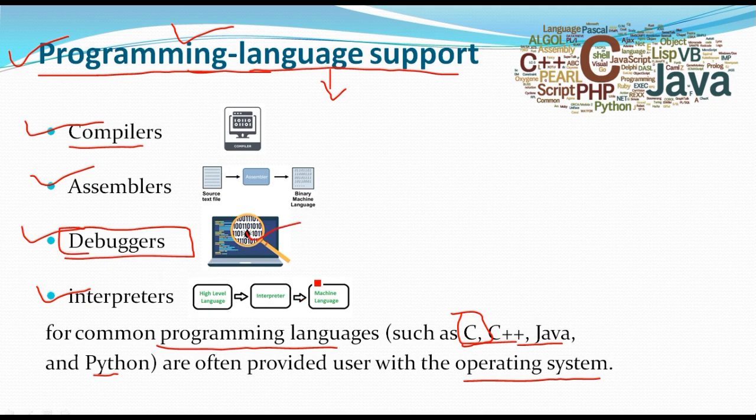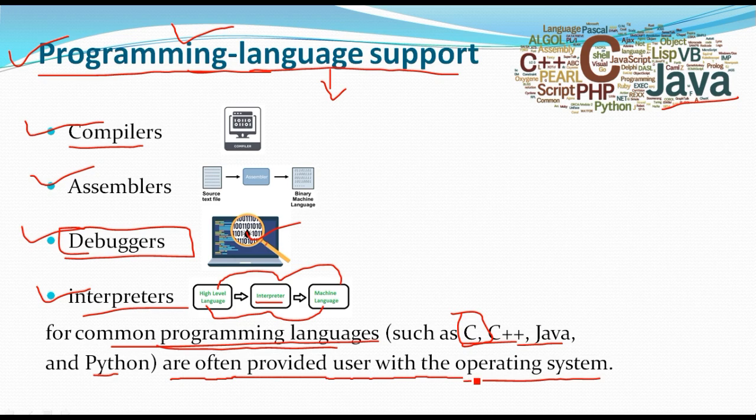If you have Java, the interpreter is needed to interpret your high level language into machine level language. So these are some of the common programming language services which are often provided to the user with the operating system.